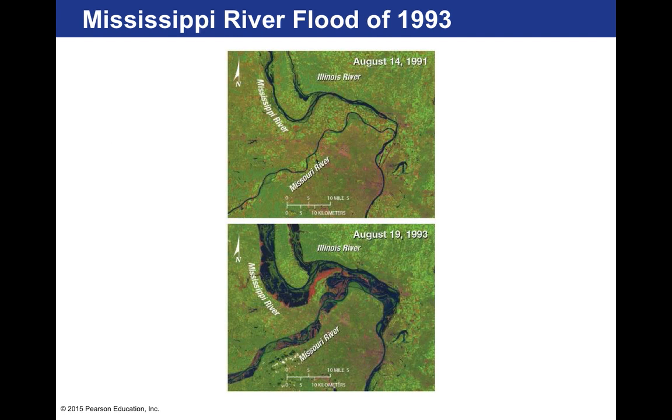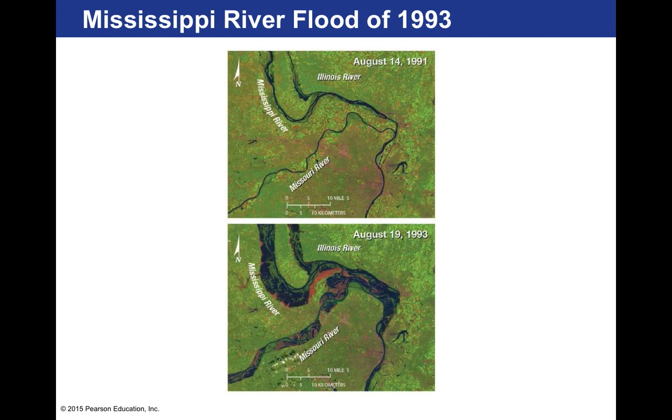So here's an example of what a river would look like when you have a very large flood due to increased weather in that region. So the picture on the top is from 1991. So this is the Mississippi River, Missouri River, where the Missouri River goes into the Mississippi River.